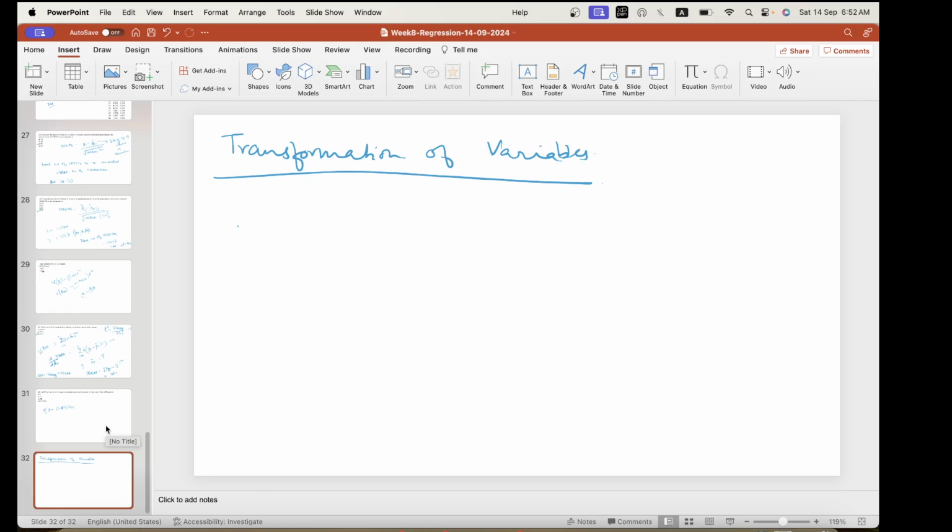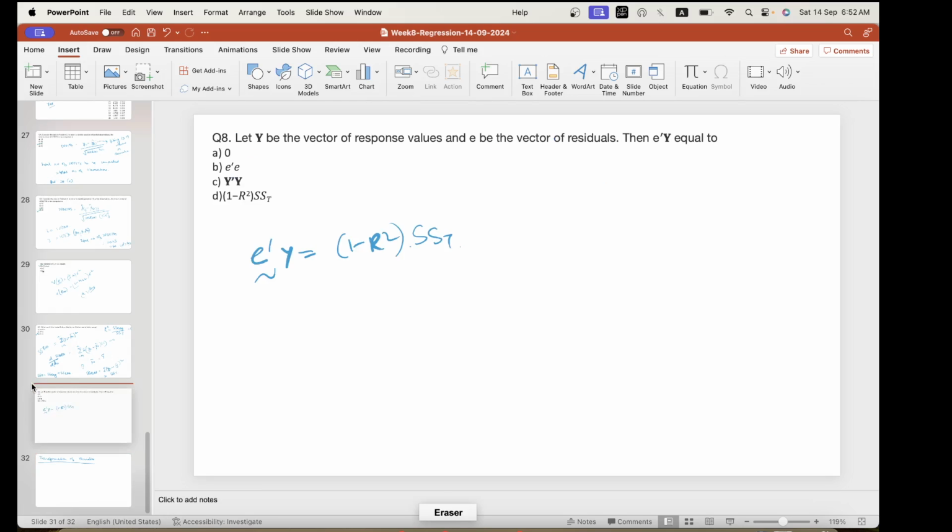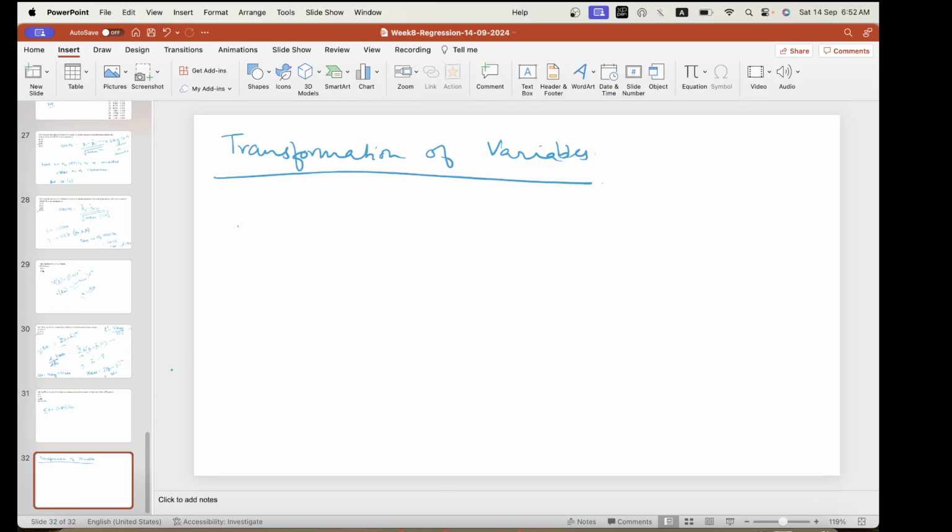The thing that we learned is these violations may occur in cases where, let's say, the expectation of y is mu and the variance of y is sigma square.